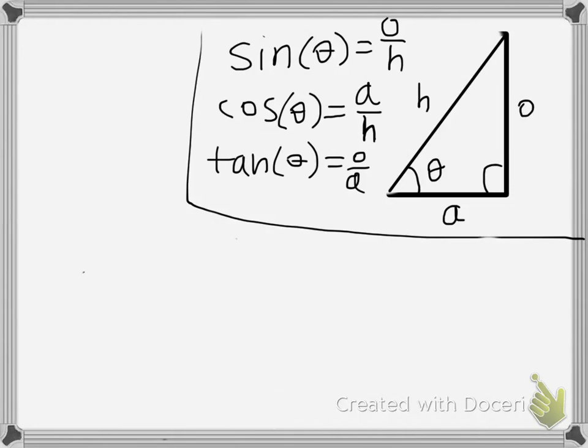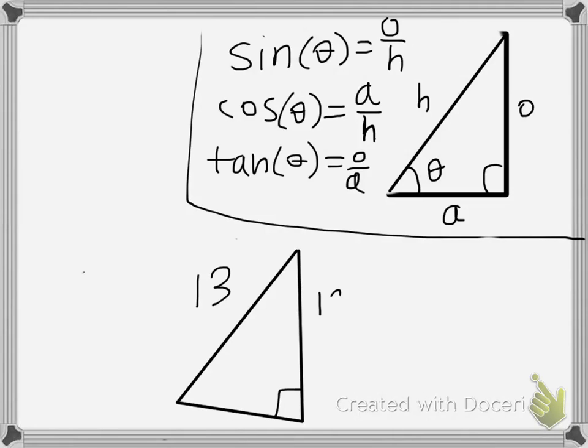So now I want to do one more quick example. Say we have a right triangle, that doesn't look like a right triangle, but let's pretend it is. So let's say this side is 13, this side is 12, this side is 5. Then once again, let's do sine of theta.